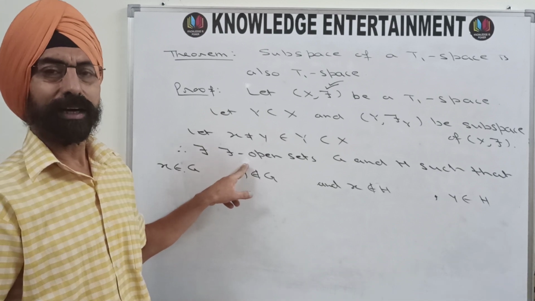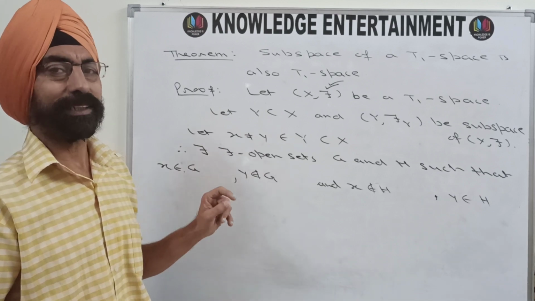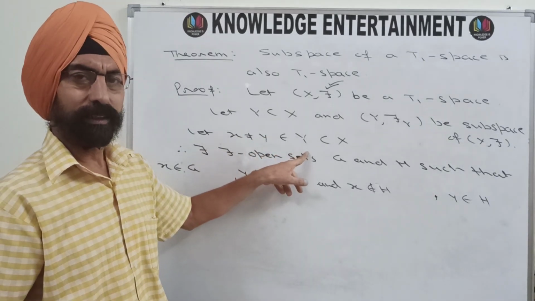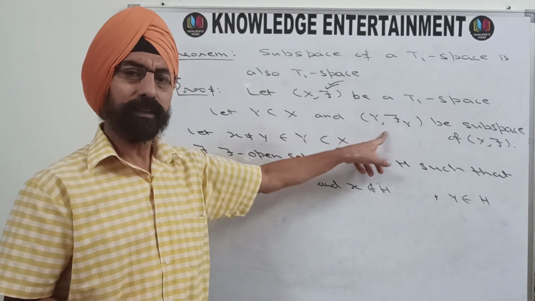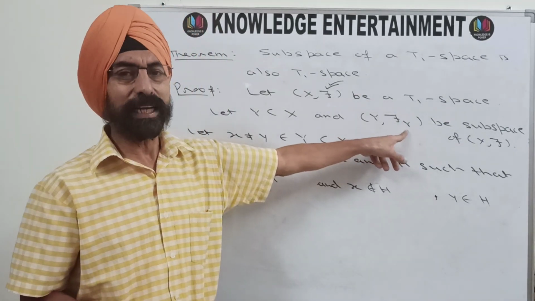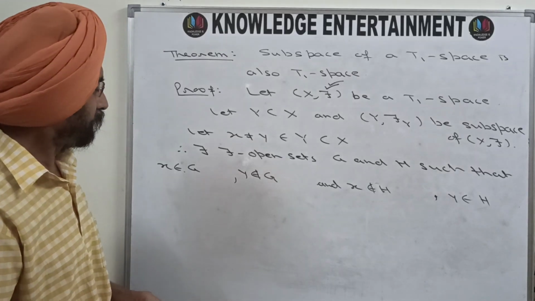But I need tau Y open sets. x and y are okay because x and y are elements of Y, so we have two elements from here. But we want the open sets from tau Y. For that, what will I have to do?